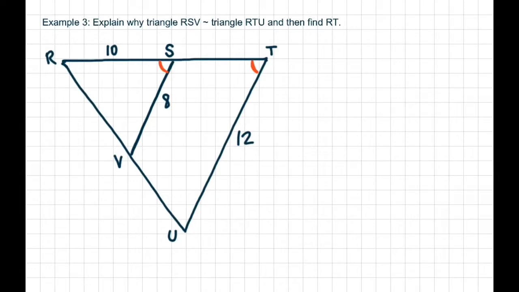I have to try to prove the similarity. I look at the information they gave me. I have a side, an angle, and a side, and I'm missing a side here. RT is what I have to find. I have an angle, and I have a side. So I think I can prove this by side-angle-side similarity, but we'll have to go through it to figure it out.